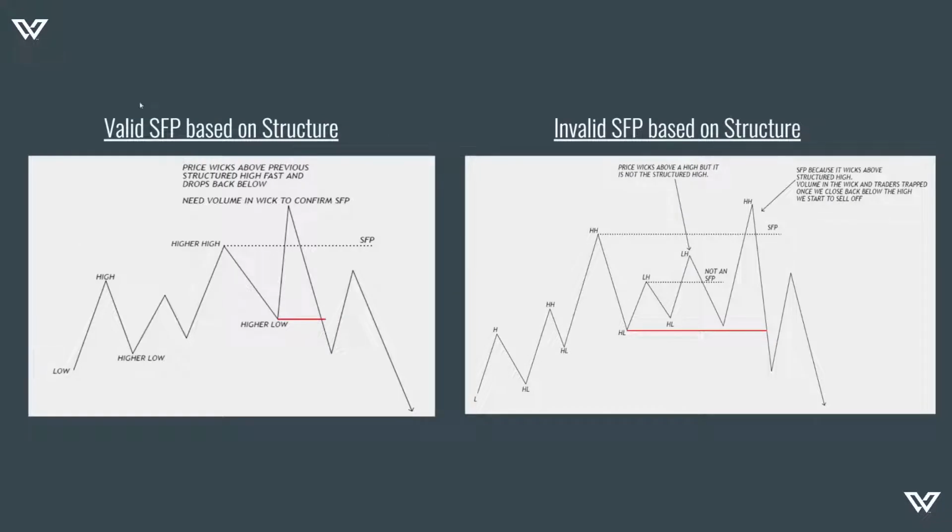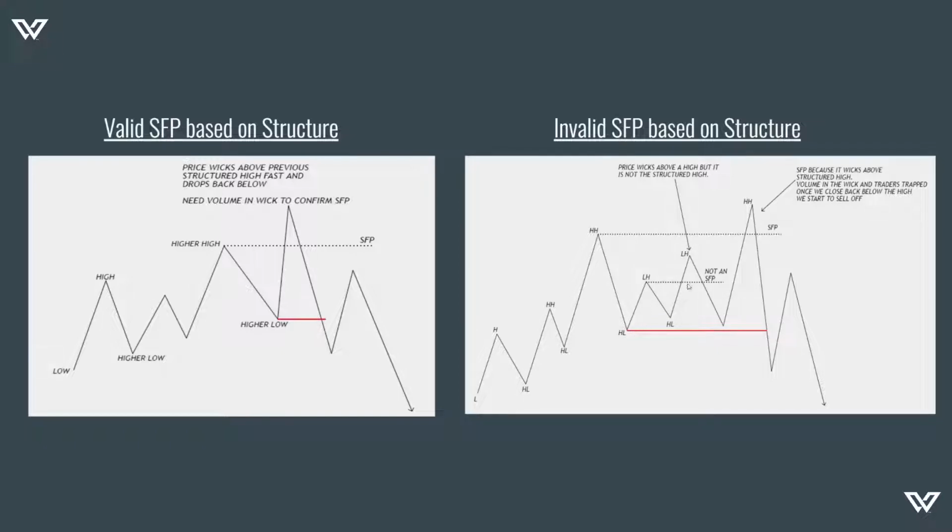So, valid SFP based on structure. You can see here we're in an uptrend. We have a high, higher high, low. So this is a valid SFP. You have price quickly wicks above and sells off above a higher high, your structured high. This is not an SFP. You're in an uptrend. This is internal structure.